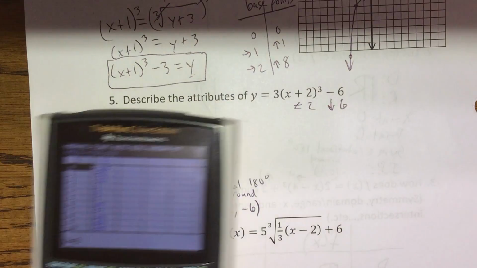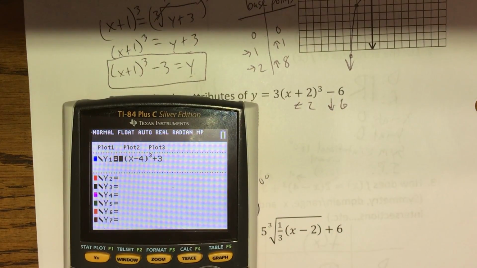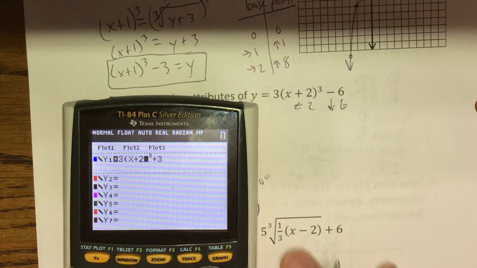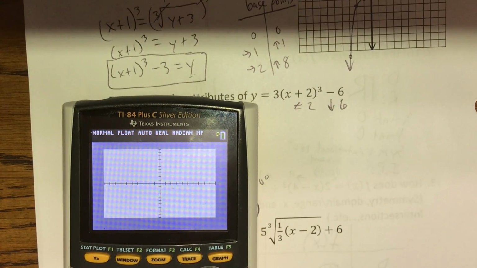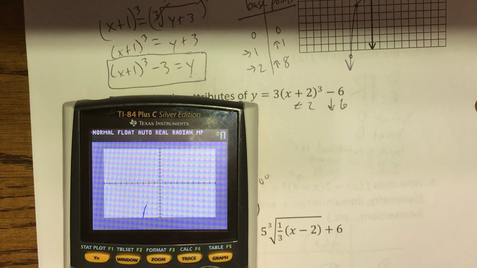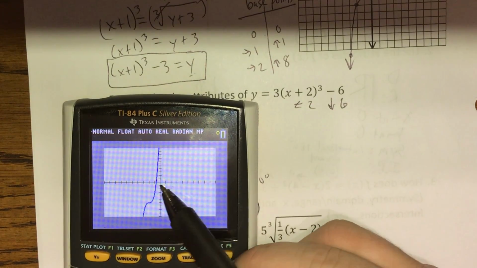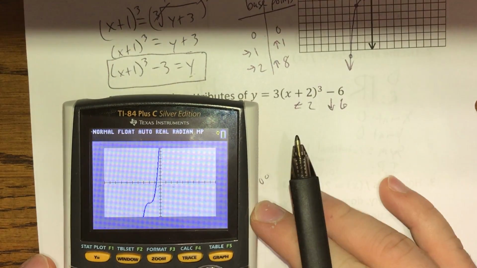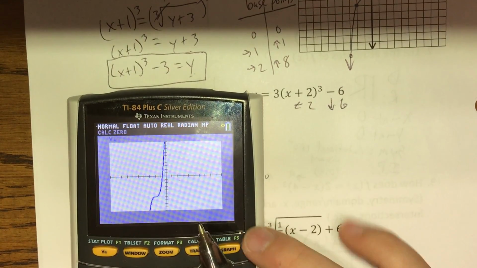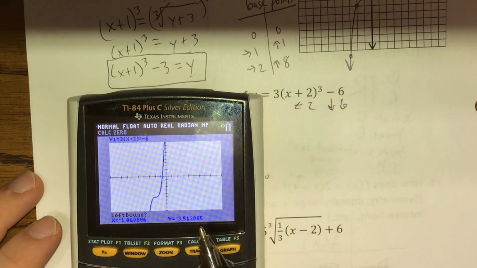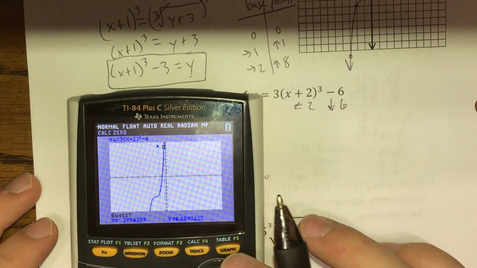And now let's graph it to find those x-intercepts and y-intercepts. Here's my graph. The x-intercept is somewhere between 0 and -1. And so again, we're going to press second trace, go into that calculate, go to the zero, left bound, there's the cursor, right bound.